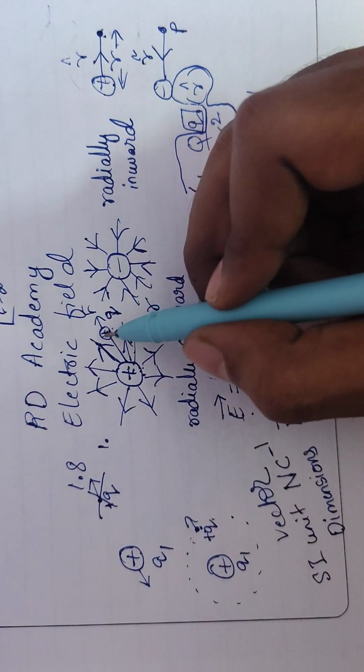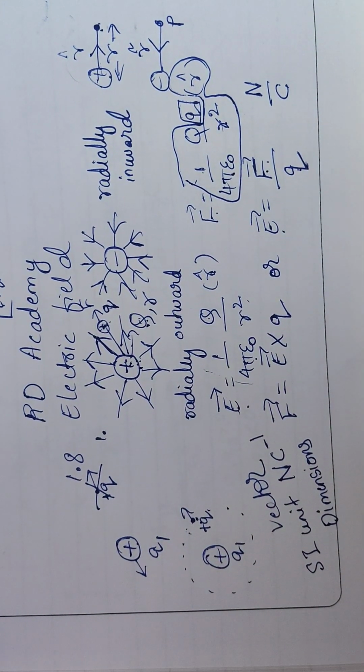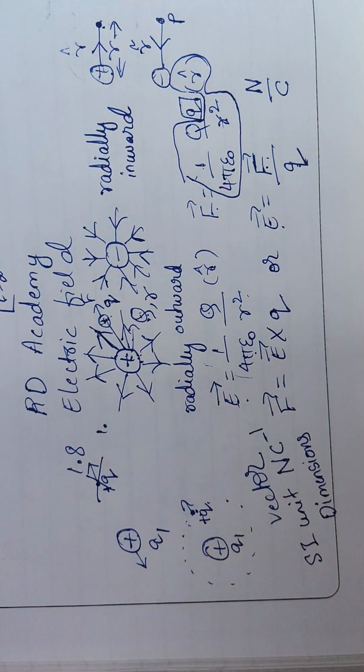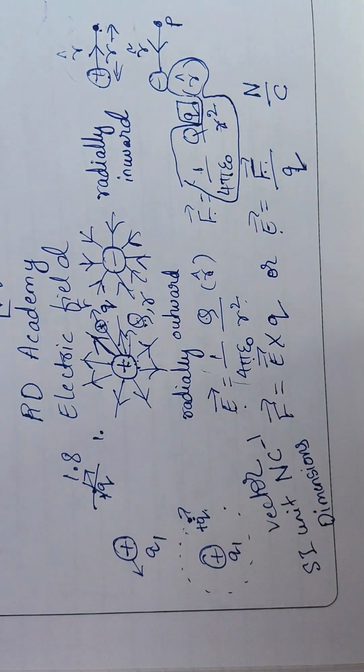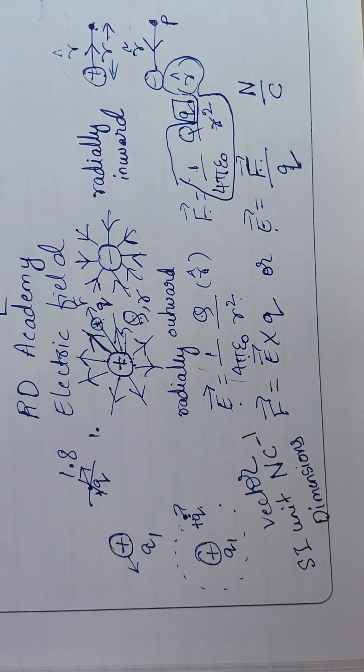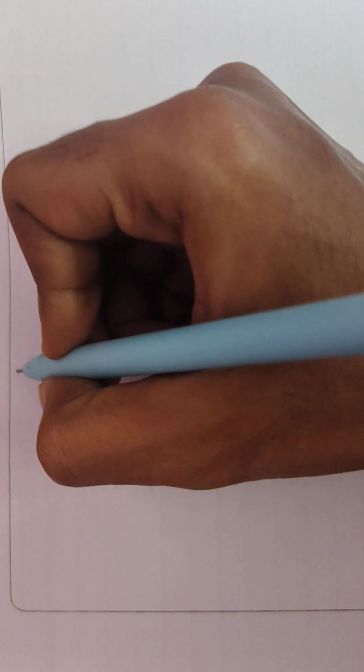Electric field is nothing but the field around the charge, wherein if you bring another charge, it will experience electrostatic force of attraction or repulsion. Fine. Now, as I've said previously, there is one special name for those two charges.